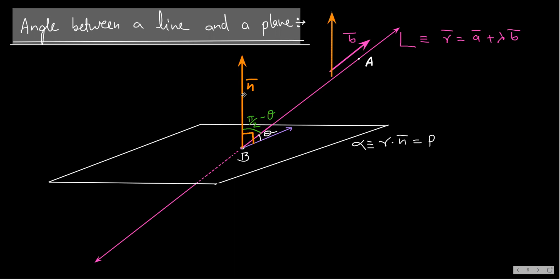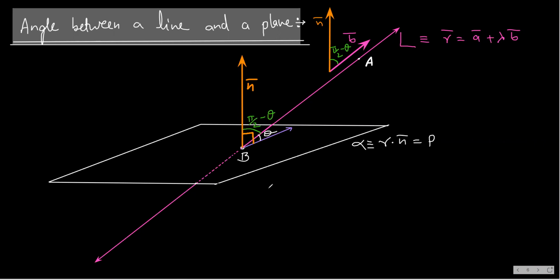If I shift it like this, don't you think that this angle is also pi by 2 minus theta? Yes, so this is also pi by 2 minus theta, and this is your n bar. So I can say that the angle between n bar and b bar is pi by 2 minus theta.